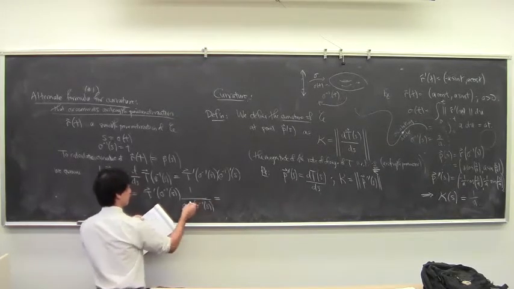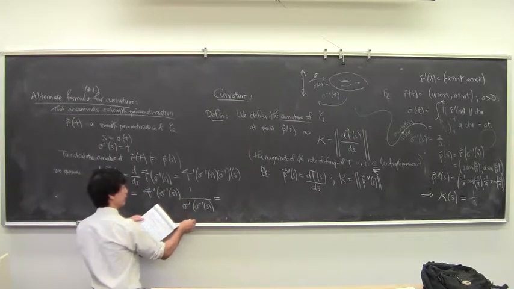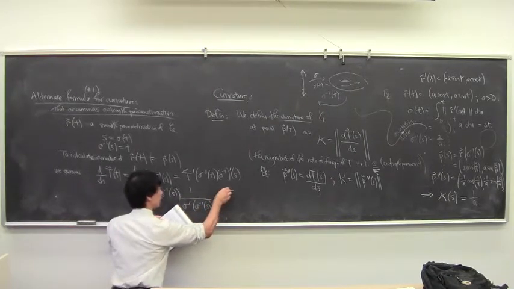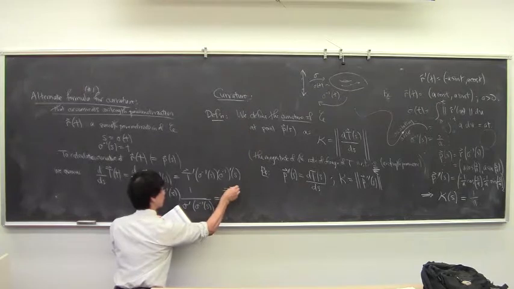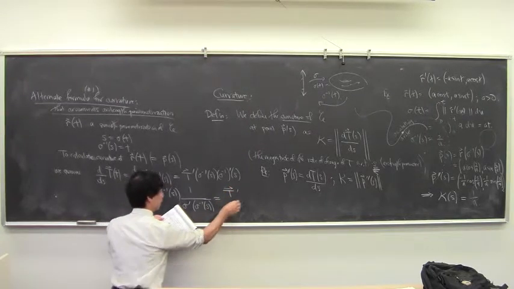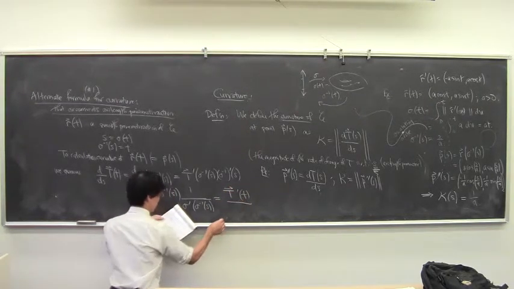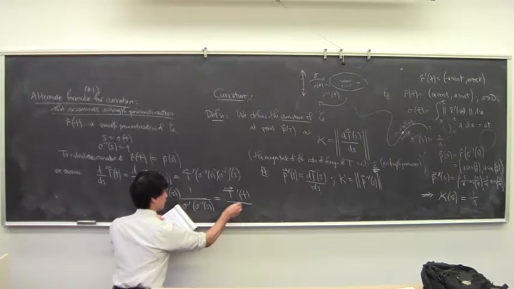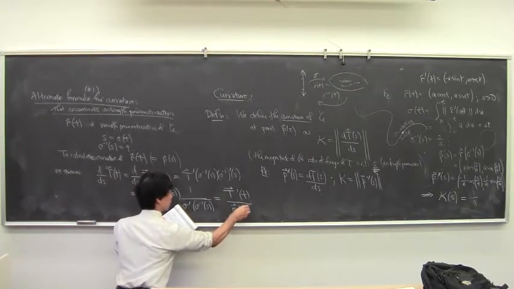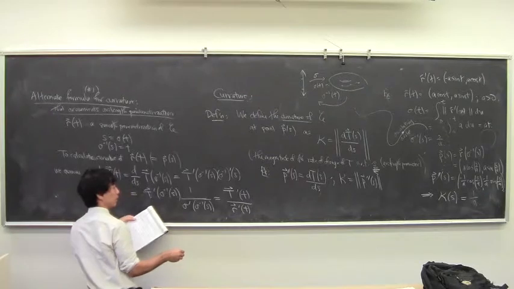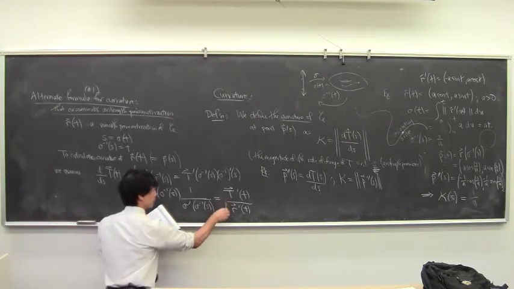And so if we write this back in terms of little t, you get t prime of t over r prime of t, in magnitude.